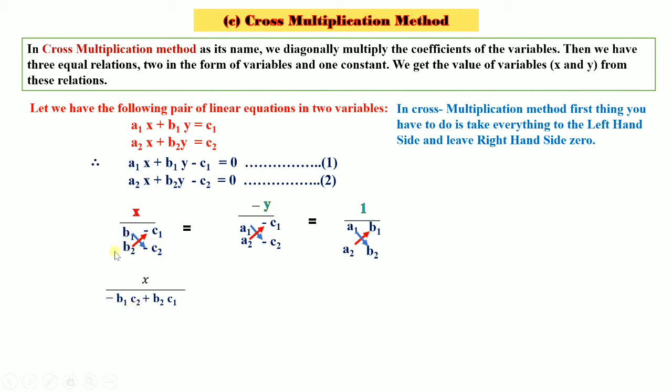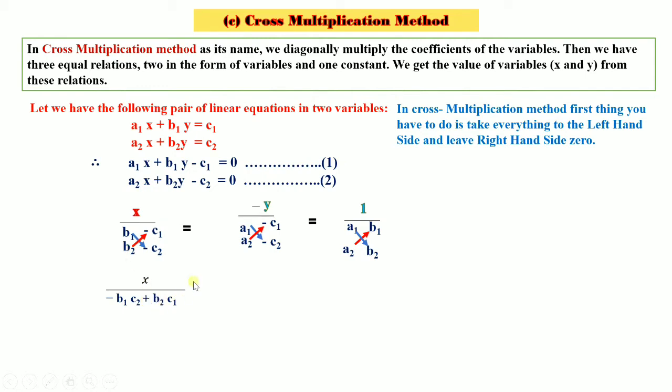Now an extra minus because of this upward journey, and that minus into this minus, because of this red arrow, extra minus, becomes plus, and then b2 c1. Clear? I repeat once more, plus into minus b1 into c2, is minus b1 c2, and then the extra minus that you are putting outside, and that minus into this minus becomes plus.